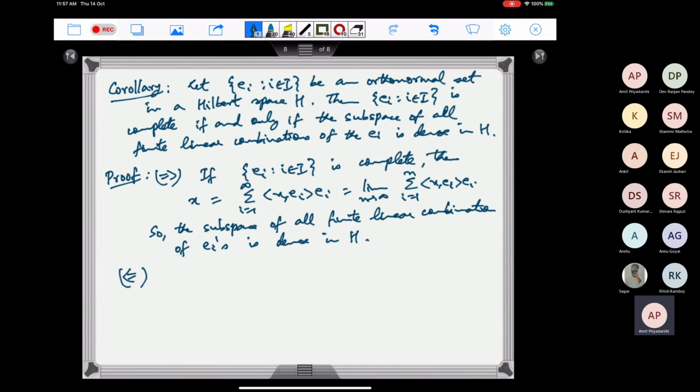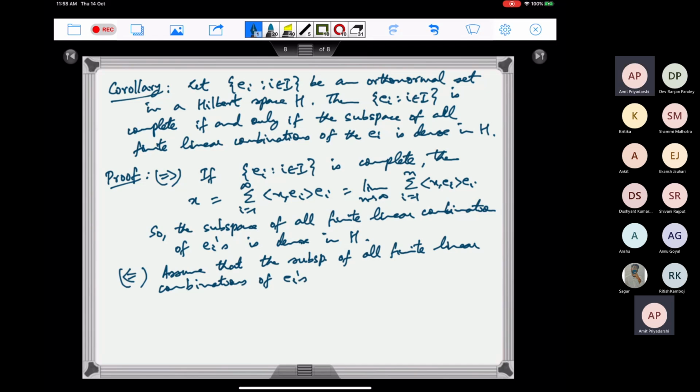So let's assume that the subspace of all finite linear combinations of eis is dense in H. Then if there is an element which is orthogonal to this subspace, then it has to be 0, right?